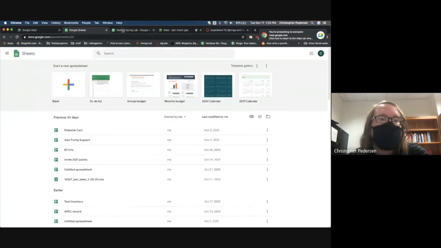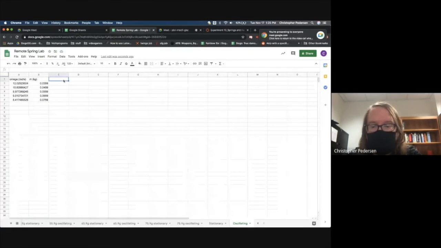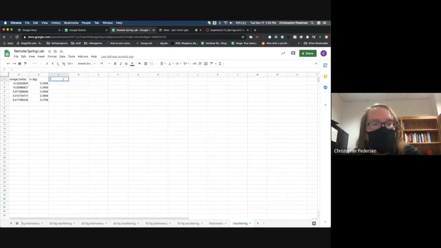So I have omega, and I want 1 over omega squared. And so what I can do is equals 1 over, and then this squared, and I think it would be fine without the parentheses, but I'm just going to use parentheses just to be safe, and drag that down.